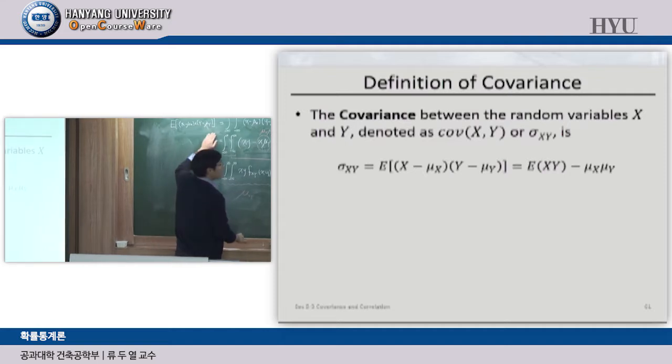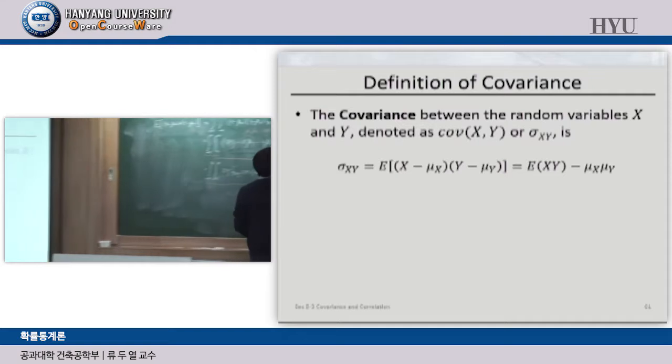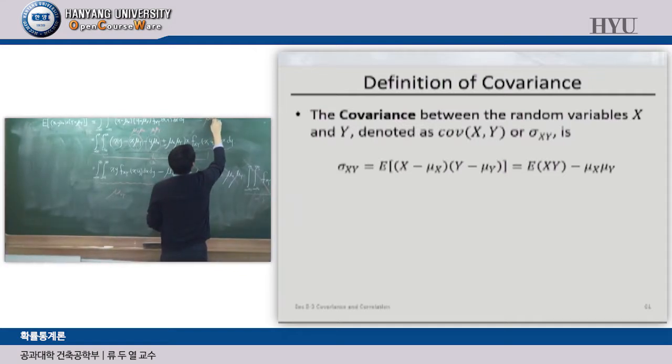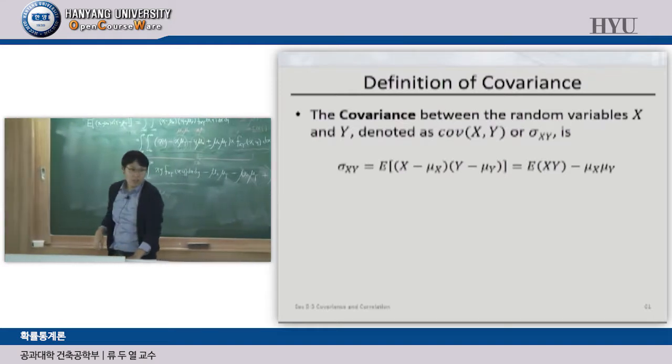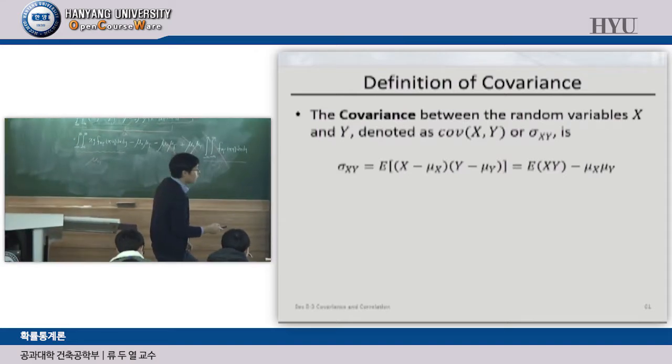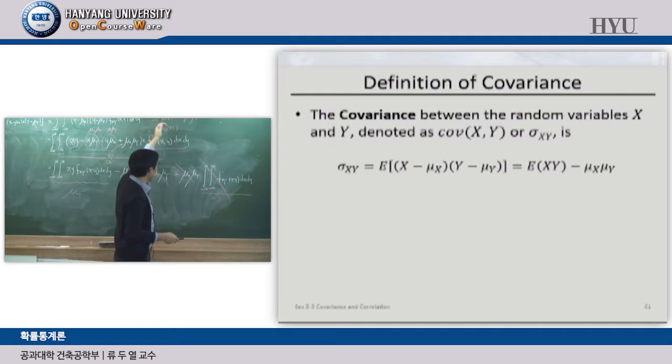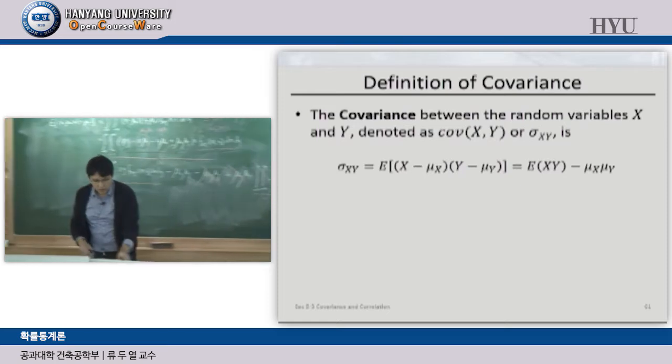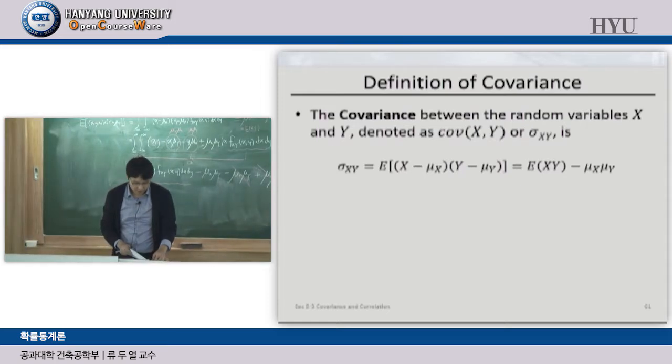So this can be rewritten as Cov(X, Y) = E[XY] minus mu x mu y. Okay? So for the covariance of x and y, we can simply calculate this based on this relationship: the mean of xy minus the multiplication of the marginal mean of each variable. Okay? So this is the definition of the covariance.